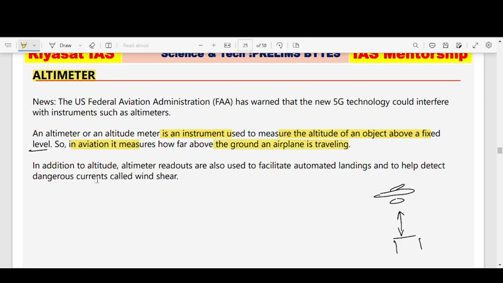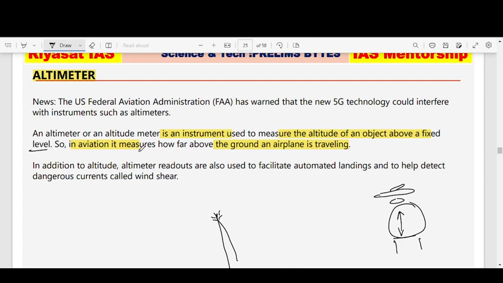Now what is happening? 5G technology is being rolled out. Clear? That 5G technology, obviously it will have towers. Those towers are disturbing the altimeter in tracking and measuring the height of any object in the sky.